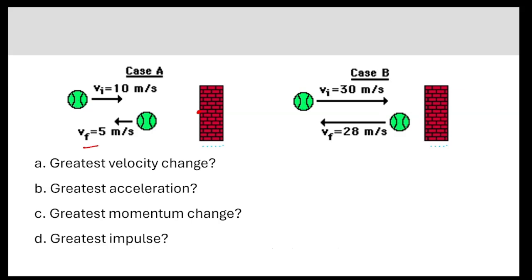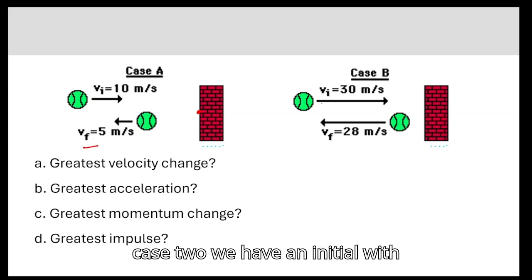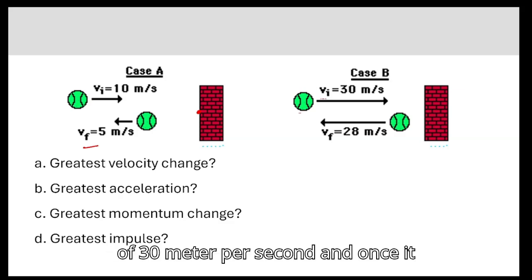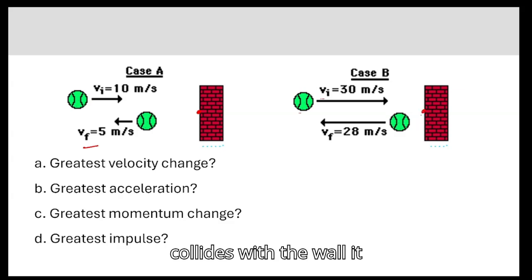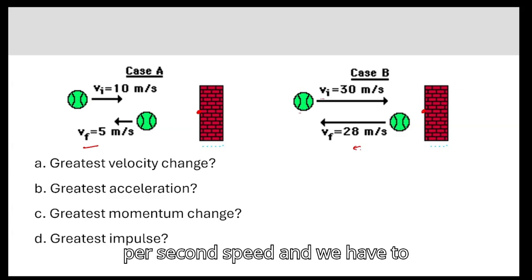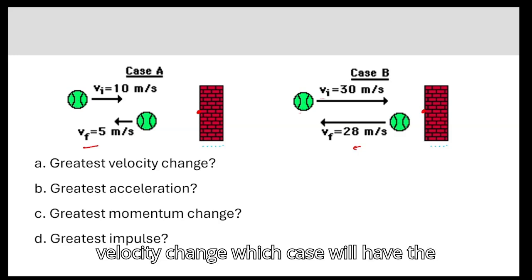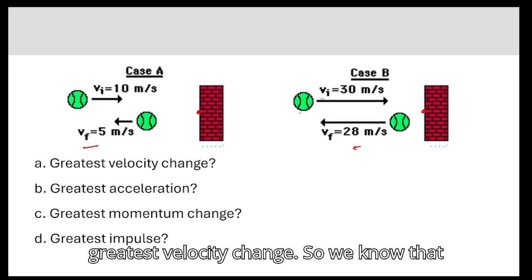In case 2, the ball is moving at an initial velocity of 30 meters per second, and once it collides with the wall it bounces back with a speed of 28 meters per second. And we have to answer these four conceptual questions. The first is greatest velocity change. Which case will have the greatest velocity change?